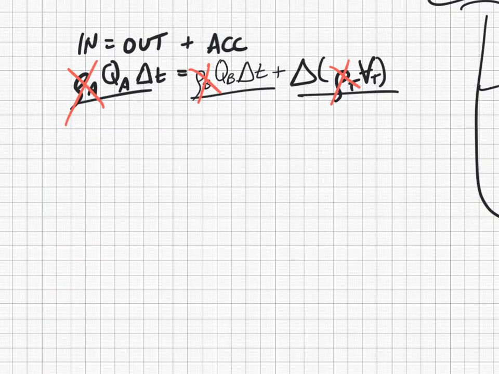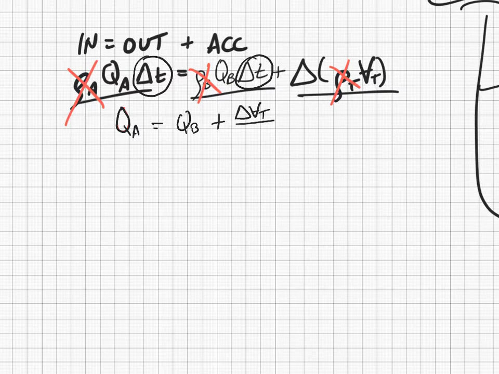All right, so we're going to go down here. And now I've got Q. QA equals QB. Notice I didn't write these delta T's because I'm going to divide everything by that. Plus change in VT, volume of the tank, over time.